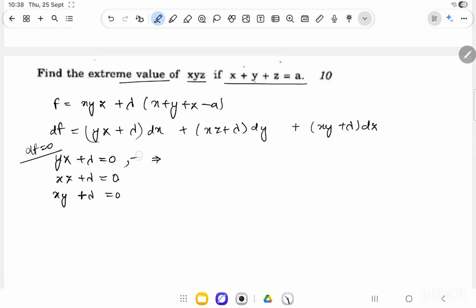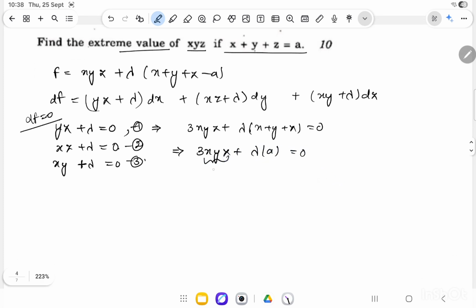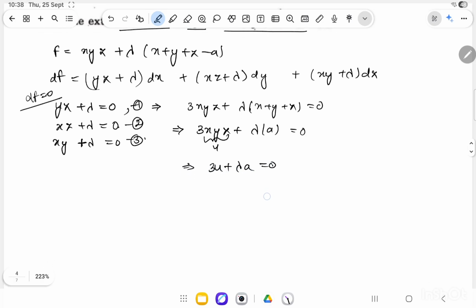If you solve it, you can multiply the first equation with x, the second with y, and the third with z. You'll get 3xyz plus lambda times (x plus y plus z) equals 0. So from here you'll get 3xyz plus lambda times a equals 0. If we assume xyz as u, we'll get 3u plus lambda a equals 0. That gives you a relation between u and lambda.